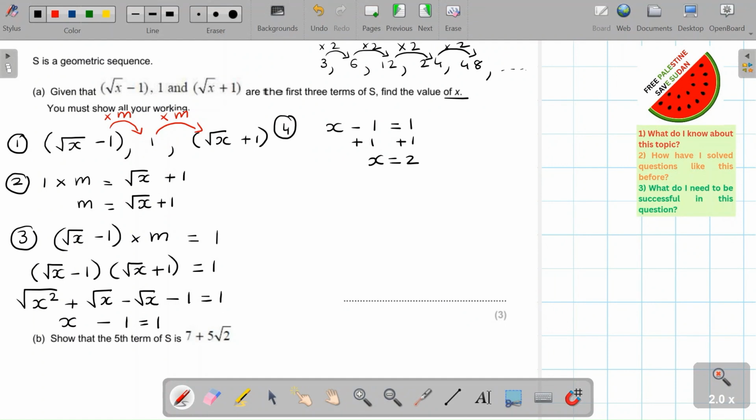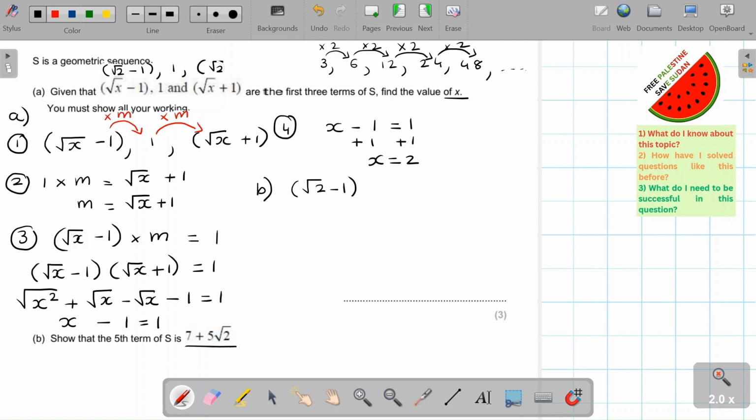You sorted that out. The second part, B of the question, I should have labeled this part A, asked me to show that the fifth term of the sequence is 7 plus 5 root 2. So we know that the first term now will be root 2 minus 1, because the value of x will be 2. So this will be root 2 minus 1. This will be 1.